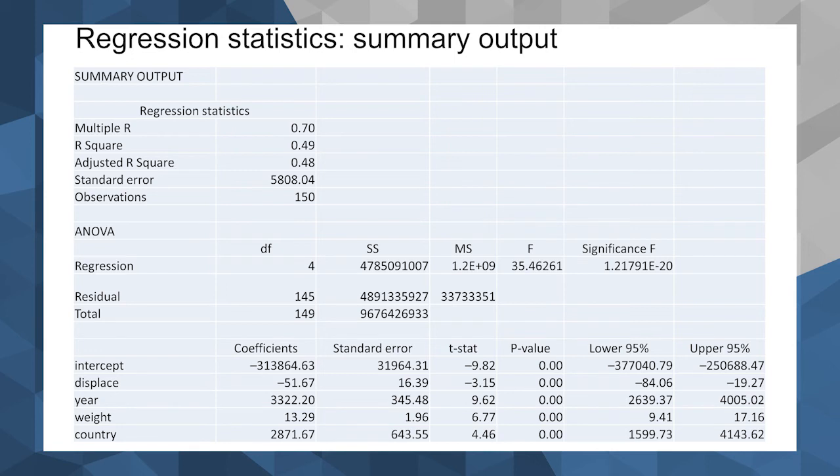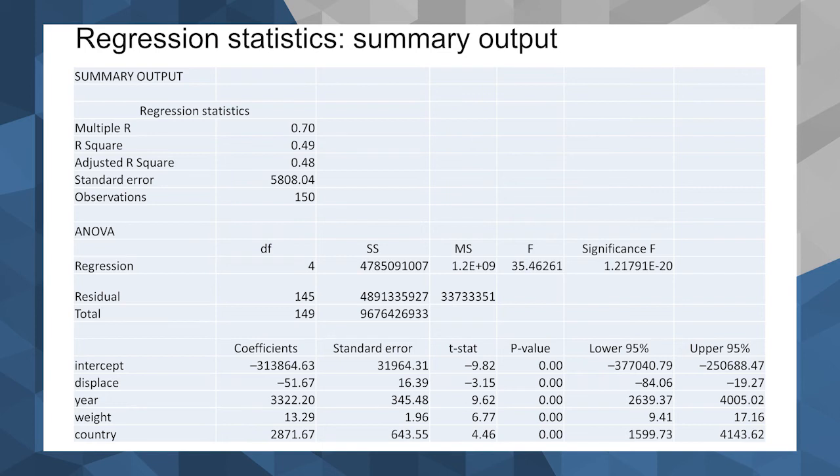And the coefficients tell you that if displacement goes up by 1 unit, consumption goes down by 51. If year goes up by 1 unit, consumption goes up by 3,322.